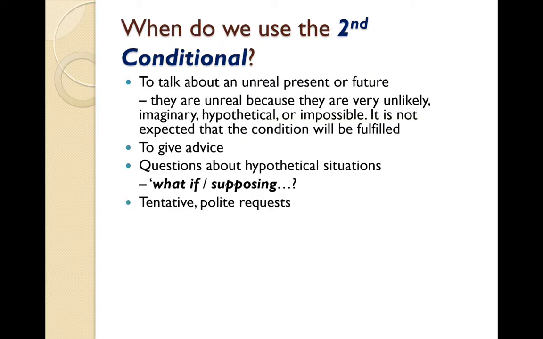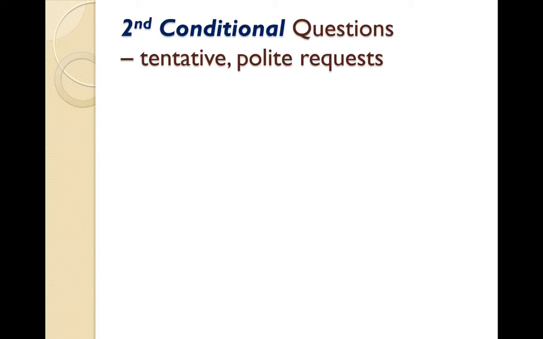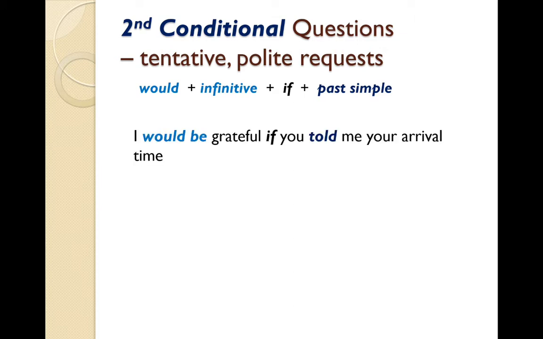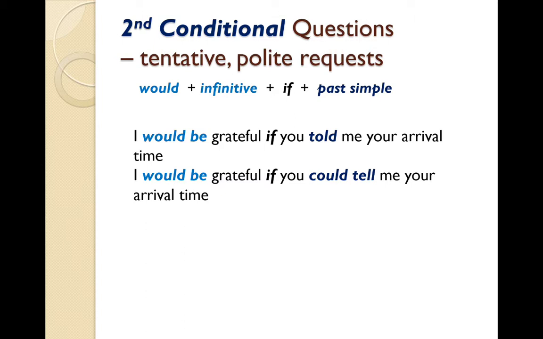We also use the second conditional for tentative polite requests. So here we would start with the main clause, would, followed by infinitive, and then if and the past simple. I would be grateful if you told me your arrival time. Or you could say, I would be grateful if you could tell me your arrival time.